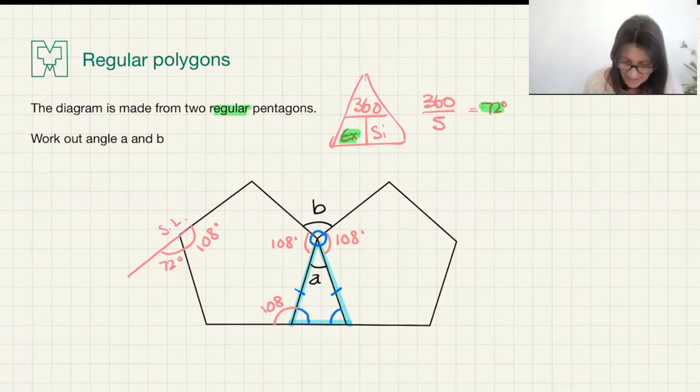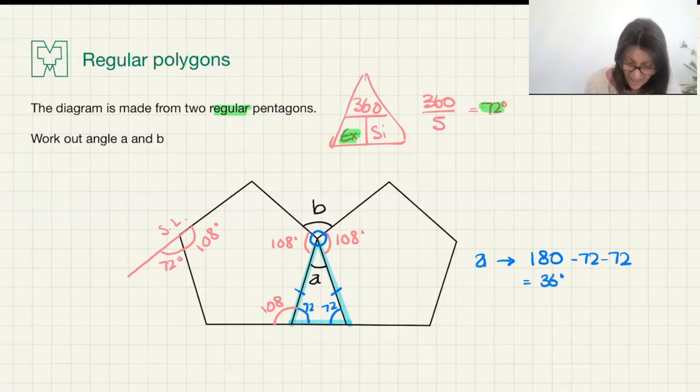So my missing angle here is 72 and 72. So I can now find my angle A, no problem. Angles in a triangle add up to 180. Take away the two 72s, and I can see that my angle A is 36 degrees.